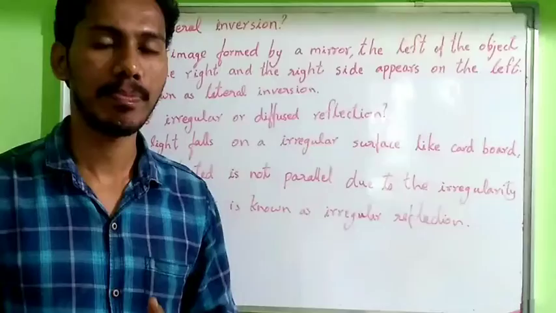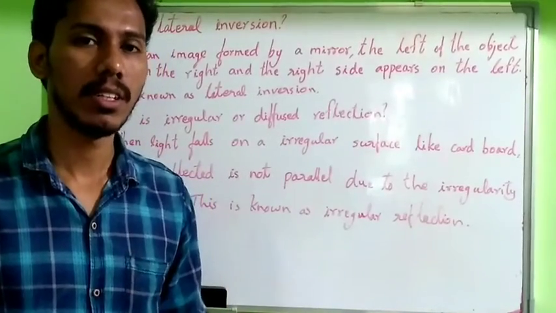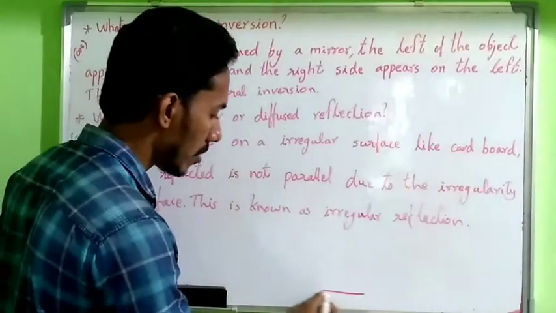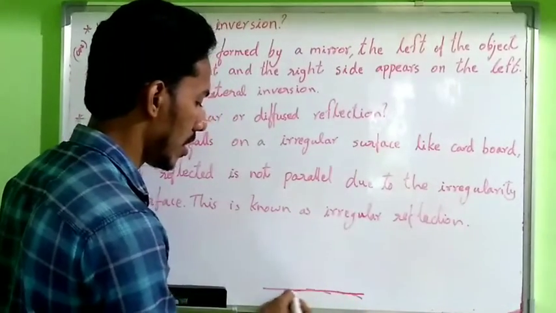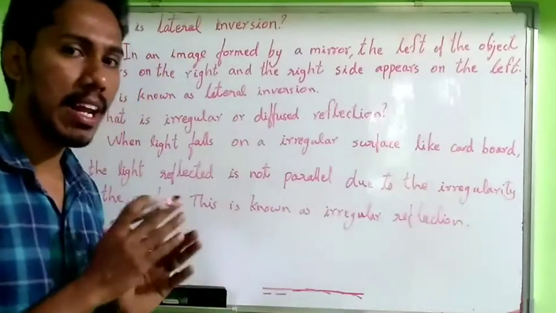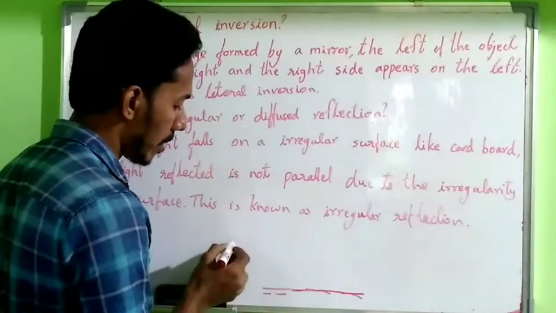Then listen here. We have to discuss more about the reflection of light. Okay, it is a smooth surface, that means a mirror. I take a mirror and I pass parallel rays to the mirror.